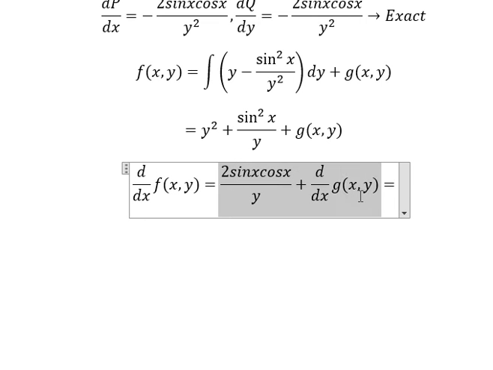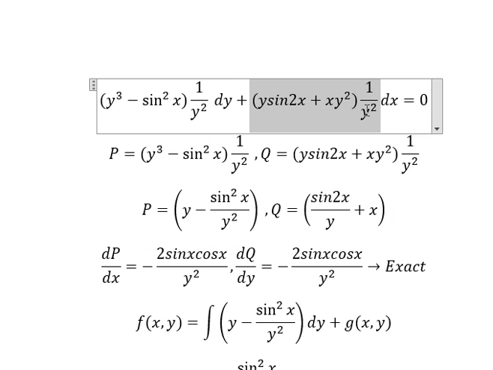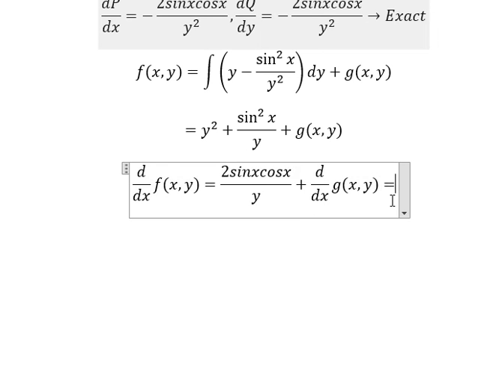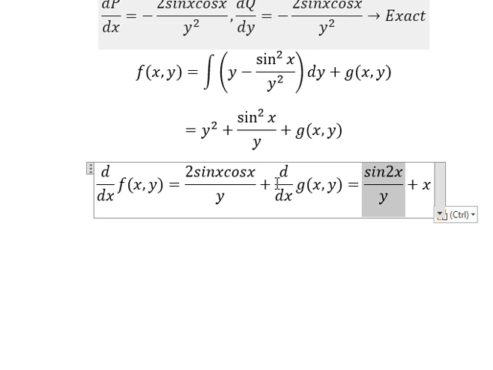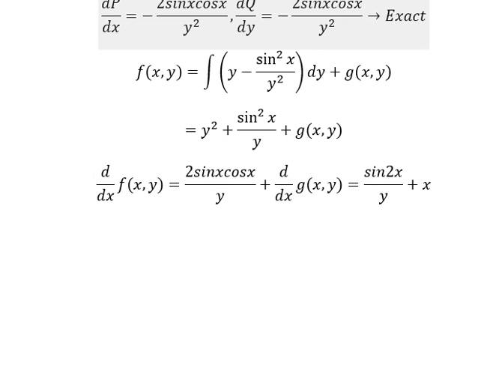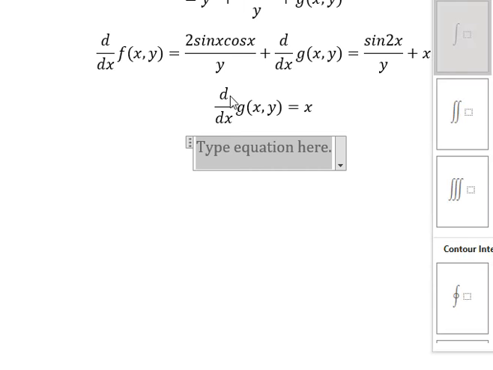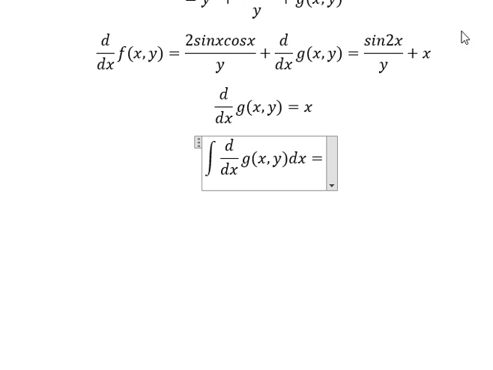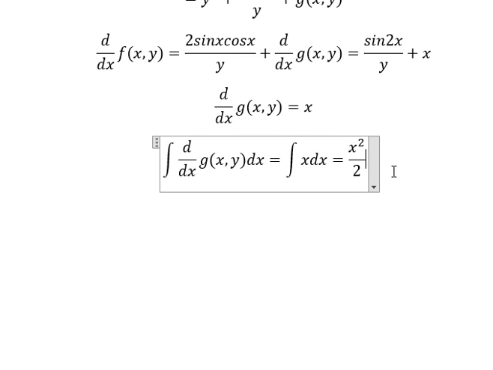And we know that this one equals to this one in here, or I can use this one. And we simplify this one for both sides. And now we have x. Next, we can put the integration for both sides. And this one we have x squared over 2.